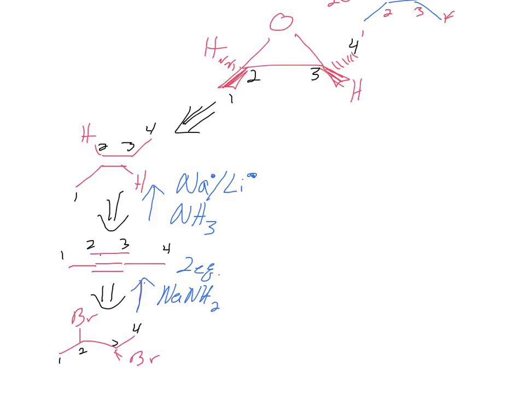That's fine. When we originally taught it, we did Li dot, just because I know people get this confused with NaNH2. And the product of actually the trans alkene is NaNH2, which makes it even more confusing. So maybe if I do Na dot always, that'd be the other way to differentiate them. It's Na dot. You're pumping in electrons. We're pumping electrons in to get rid of this pi bond.